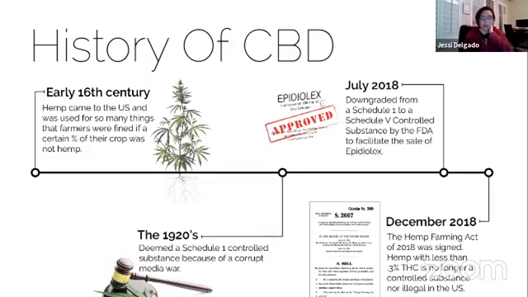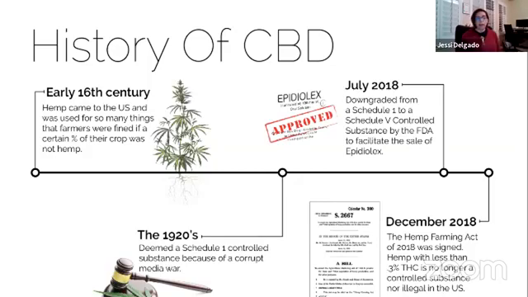So what changed? Well, let me just tell you, in 1920, a negative media war was waged against hemp and marijuana for financial and corrupt reasons, and it was eventually deemed a Schedule 1 controlled substance.